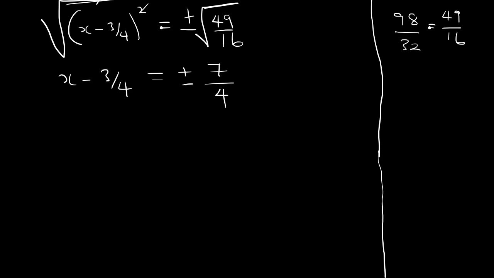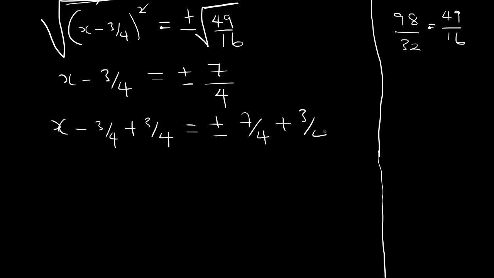We are going to isolate x. So for us to isolate x, we'll add, this is minus 3 over 4. So we are going to add 3 over 4 to both sides. So we'll have minus 3 over 4 plus 3 over 4 is equal to plus minus 7 over 4 plus 3 over 4.